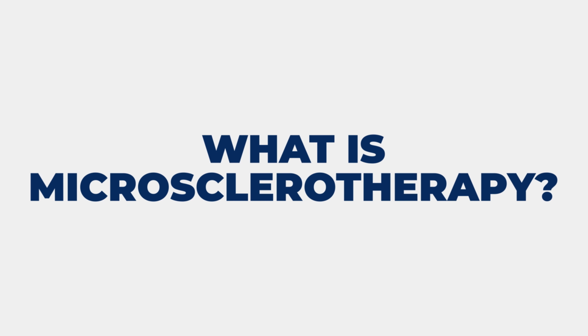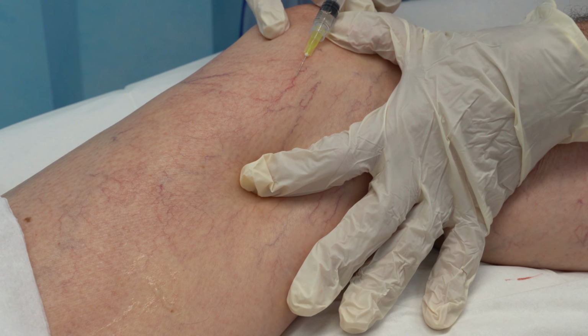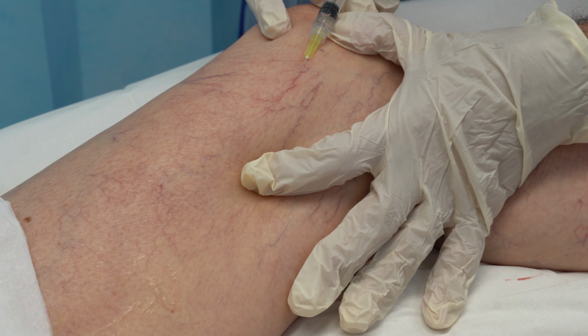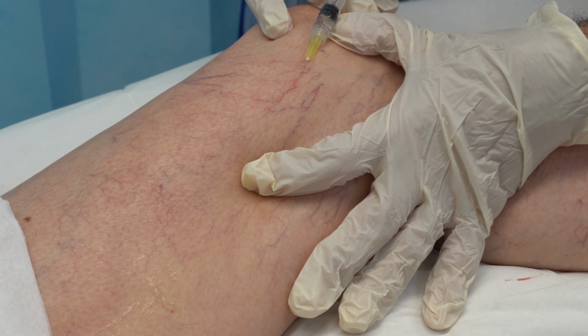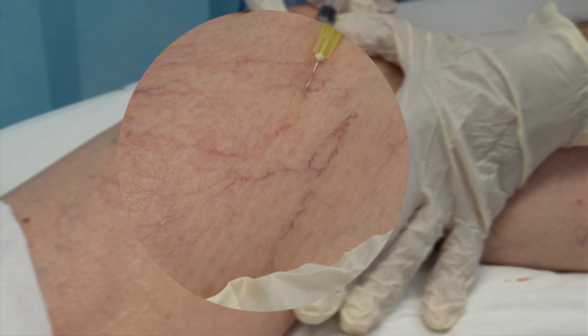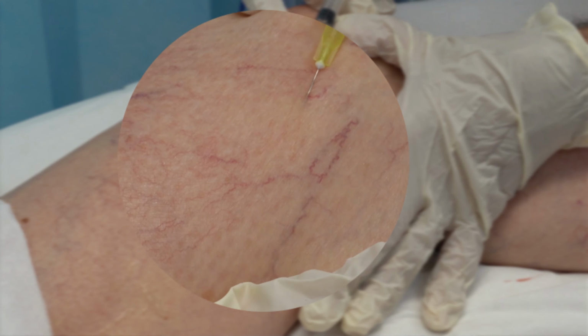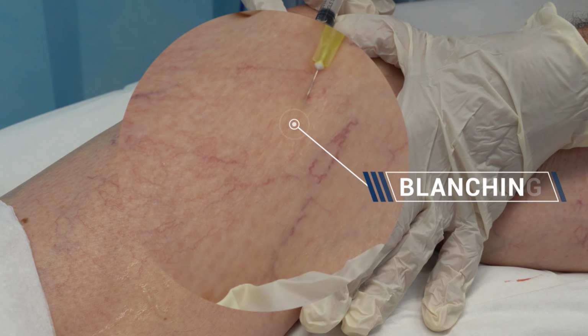What is microsclerotherapy? Microsclerotherapy uses a fine needle, hence the micro bit, to inject a prescription medicine called a sclerosant, hence the sclerotherapy bit, directly into the spider vein. Successful injection is confirmed by the displacement of blood in the vein, resulting in a visual phenomenon called blanching.